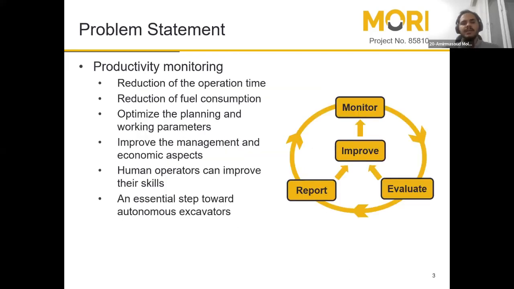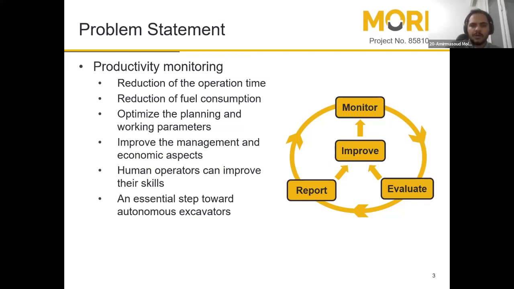What is the advantage of productivity monitoring? Reduction of the operation time, reduction of the fuel consumption, optimization of the planning and working parameters in the construction sites, improvement of the management and economic aspects.